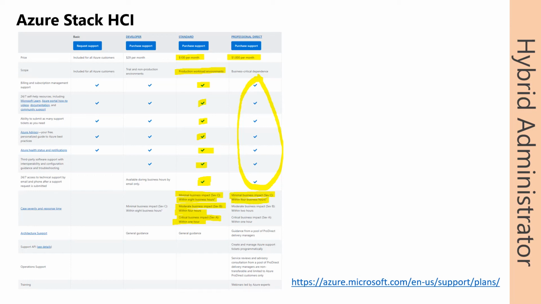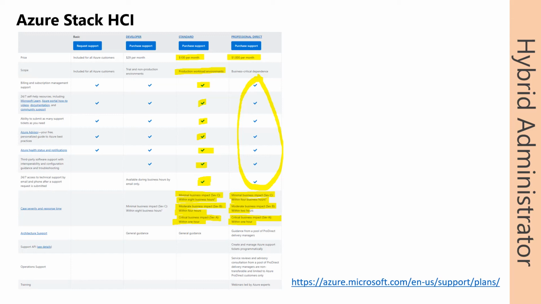So if you say, okay, something is not critical, but it does not work as expected, I don't want to wait 8 hours, because maybe this is for me the next business day. I want to have it within 4 hours. The moderate business impact is in 2 hours and not 4 hours. The critical is in 1 hour in both. 1 hour is a very, very good reaction time.